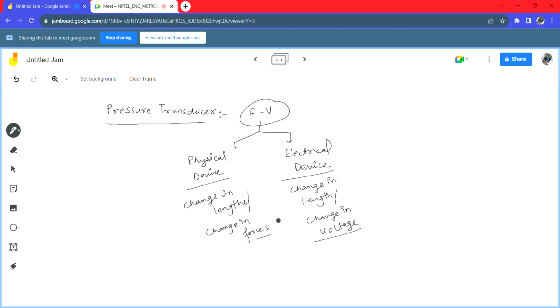So the devices that we are going to study here are bellows, Bourdon tubes, and diaphragms.